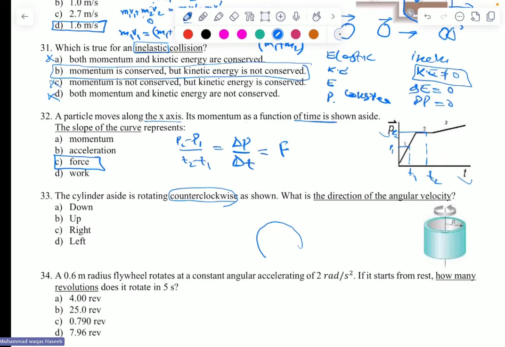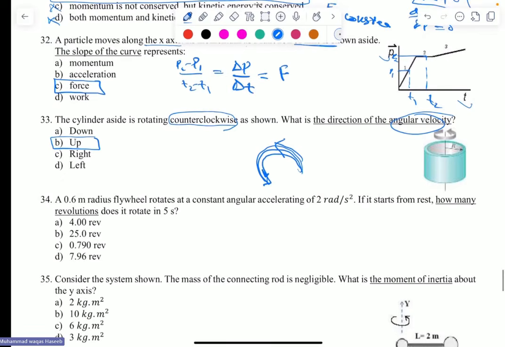So what will be the direction? If you apply your right hand rule, the motion is like this, and the direction of the angular velocity is upward. Your curled fingers move in the direction of the motion, and the direction of the angular velocity is indicated by the thumb. Very easy.